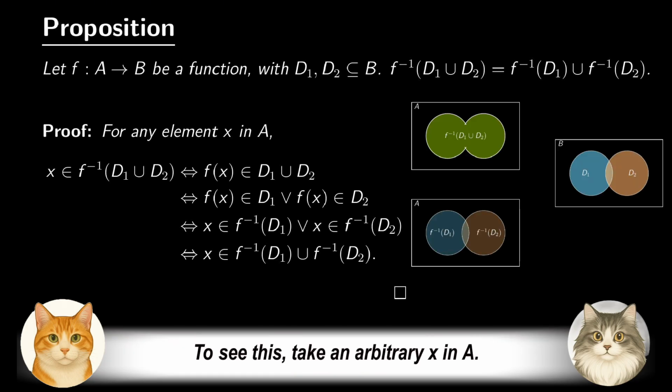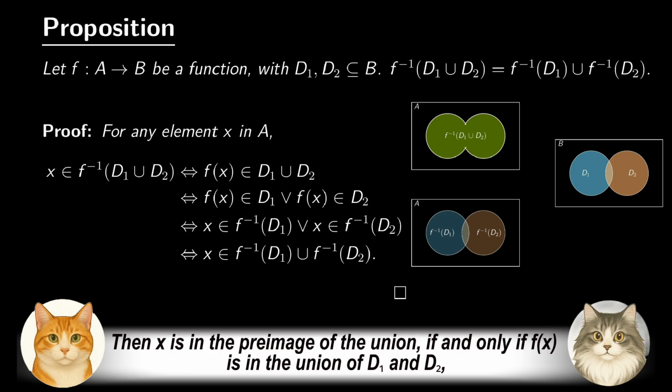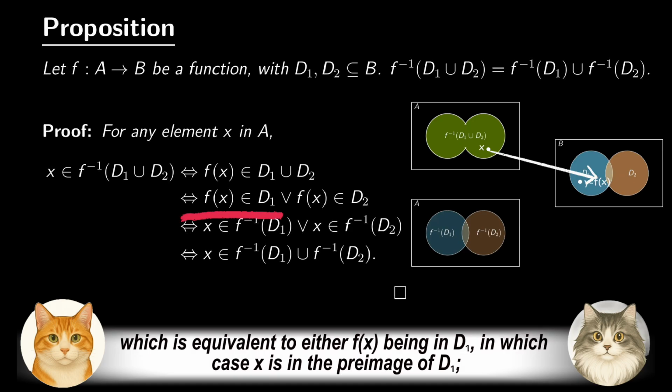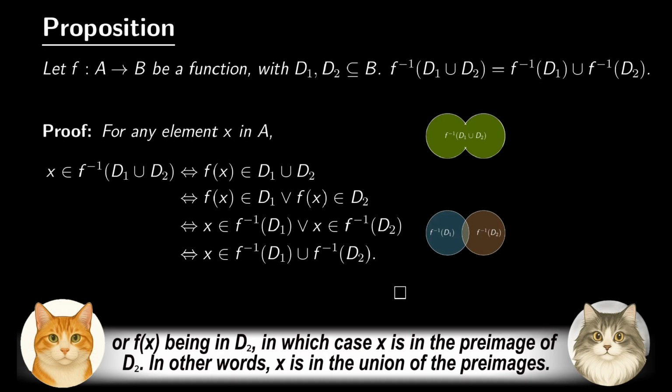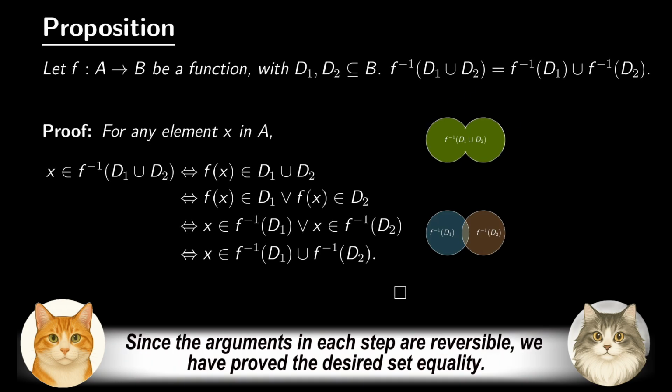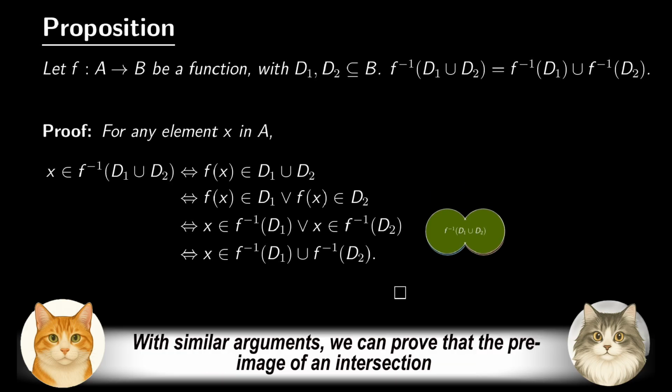To see this, take an arbitrary x in A. Then x is in the preimage of the union if and only if f(x) is in the union of D1 and D2, which is equivalent to either f(x) being in D1, in which case x is in the preimage of D1, or f(x) being in D2, in which case x is in the preimage of D2. In other words, x is in the union of the preimages. Since the arguments in each step are reversible, we have proved the desired set equality.